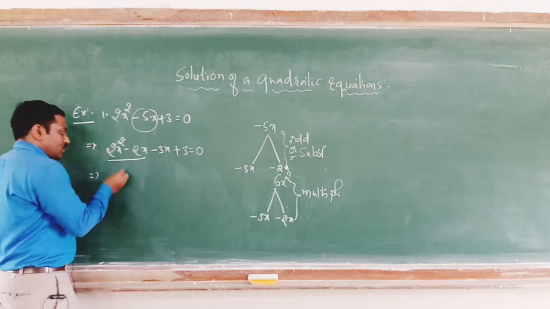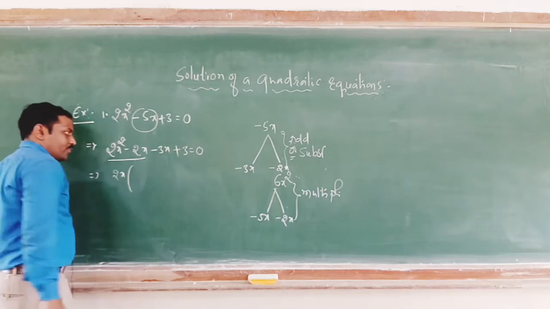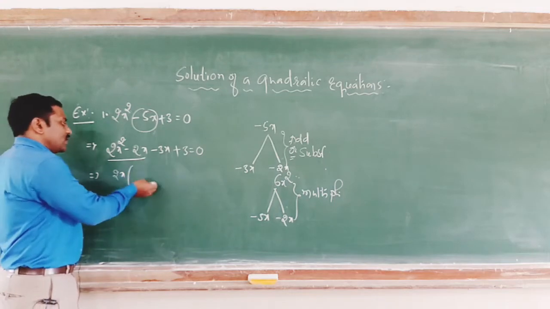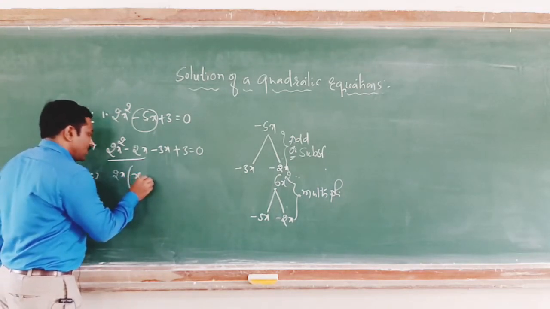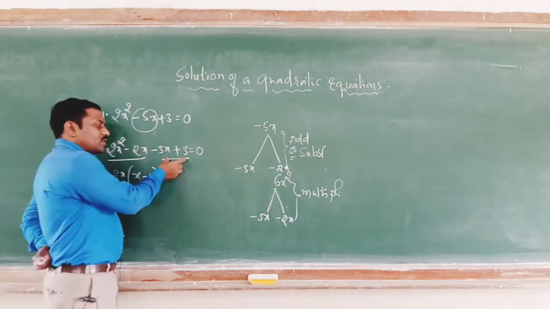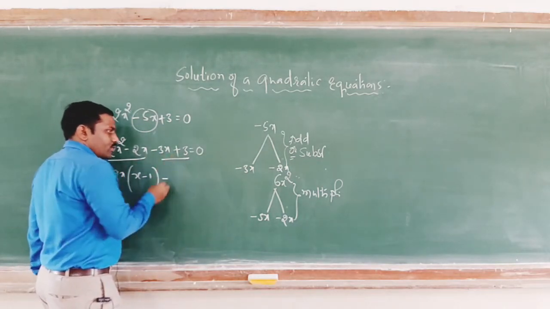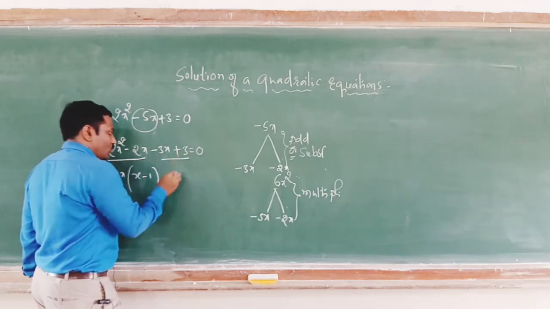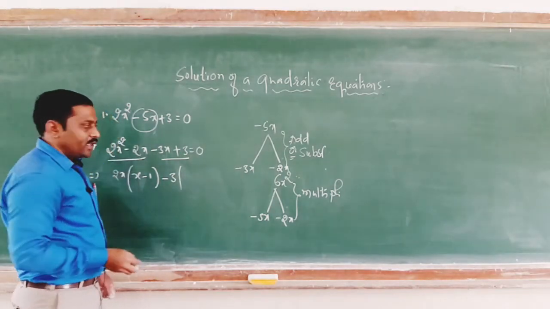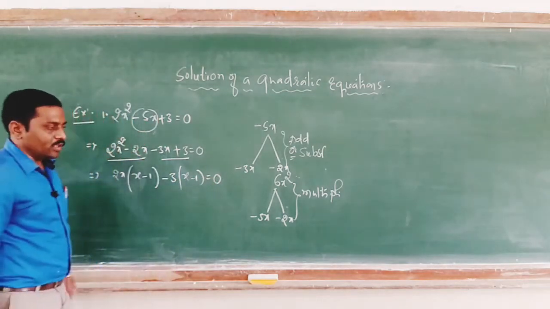From the other two terms, the common number is minus 3, and the remaining inside the bracket is x minus 1, equal to 0.